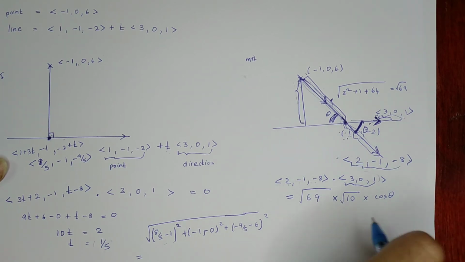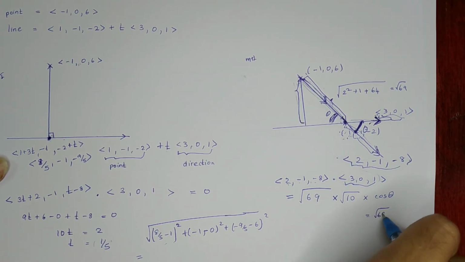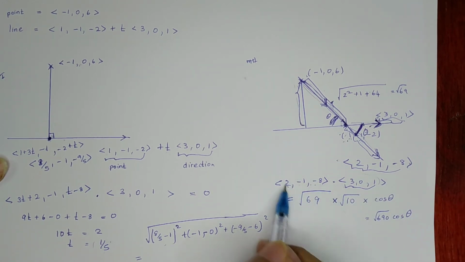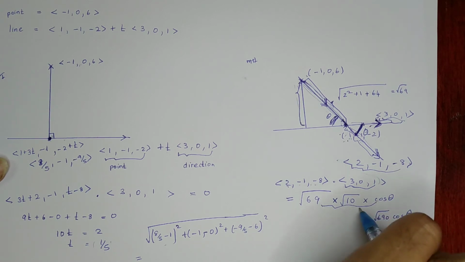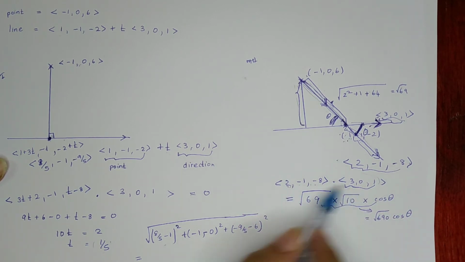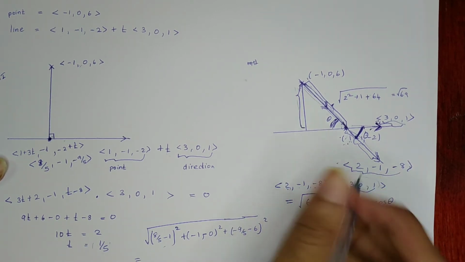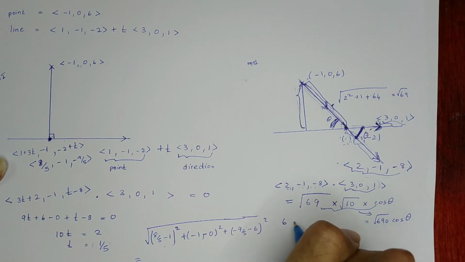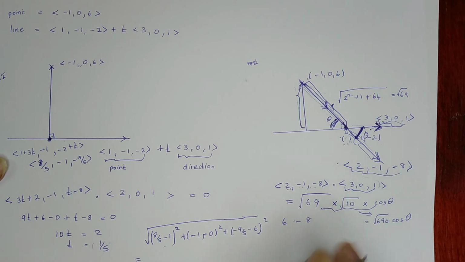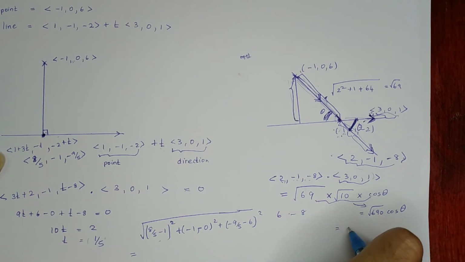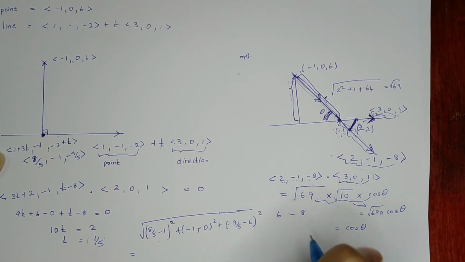After that, you can directly tell it's going to be root of 690 cos theta. And I need to simplify this side. I have written this side over here. If I simplify this side, 2 into 3 is 6, minus 1 into 0 is 0, and it's going to be minus 8, so -2. So if I simplify this, I'll be getting cos theta equal to minus 2 over root of 690.